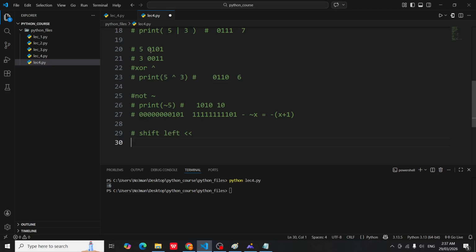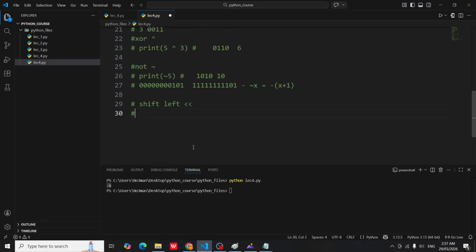So 5 is represented by 0 1 0 1. When we left shift by one, it will be 1 0 1 0. So the 1 moves to here, 0 moves to here, 1 moves to here, and add 0.